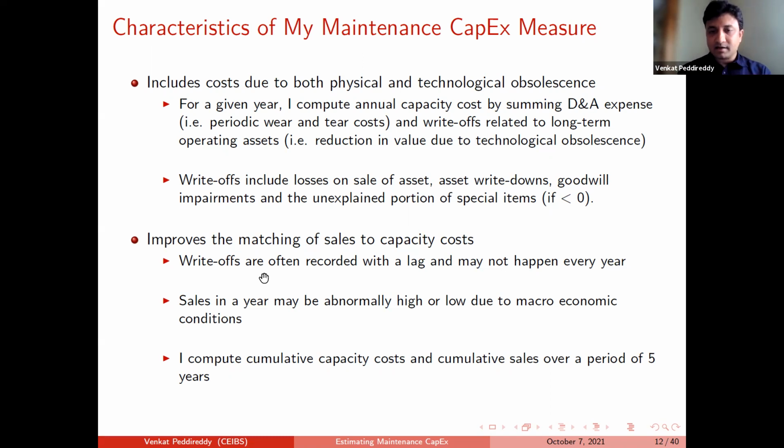In the next slide, I'll explain why I'm moving away from the firm-specific measure, specifically because of all these issues. There is manager's discretion involved in recognizing the impairments, write-offs, and D&A, everything on a firm-specific basis. So I'm not trying to capture that firm-specific discretion. I'm trying to capture at an industry level what is the rate of obsolescence and the cost together.